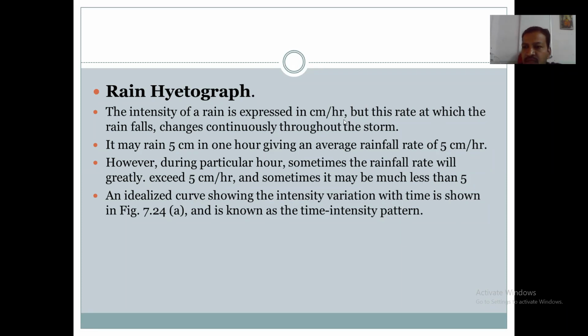By knowing the rainfall data for a particular rain gauge station, you can get the intensity of rainfall in centimeter per hour, which can be obtained from non-recording type rain gauges or recording type rain gauges. Whichever rain gauges are installed, from that we get the intensity of rainfall.